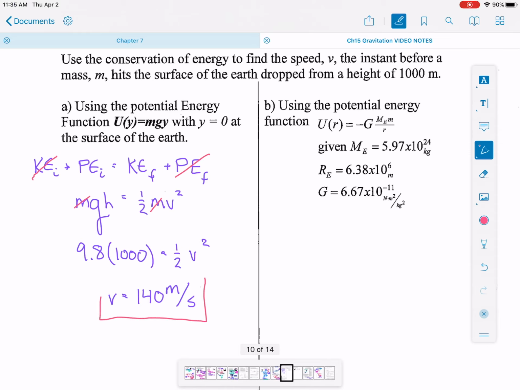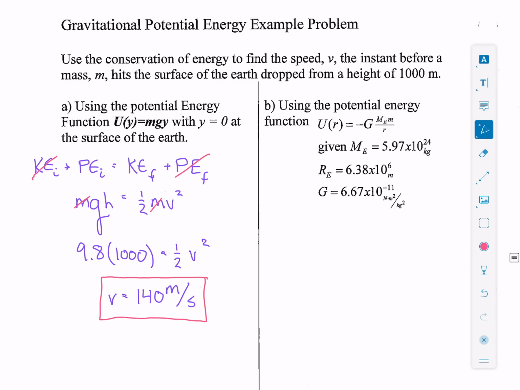However, the assumption that we're making here is that g is constant, 9.8, throughout the whole thing, and we know that that's not true. As we get further away from the surface of the Earth, our acceleration due to gravity will decrease. So this is not the most accurate way to do it, but let's see just how close to the answer we get if we do it the other way.